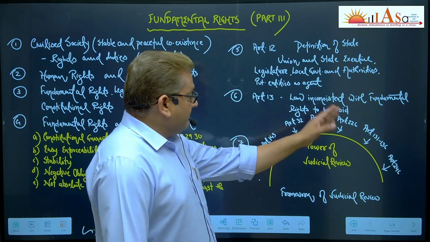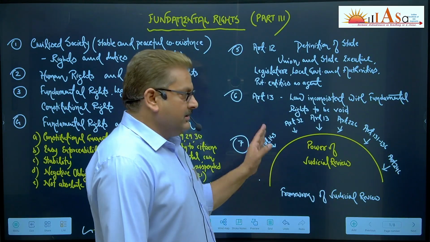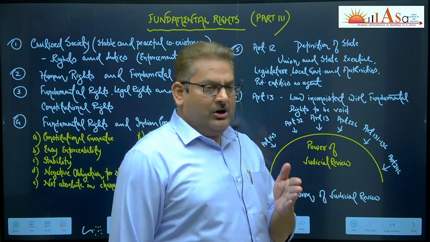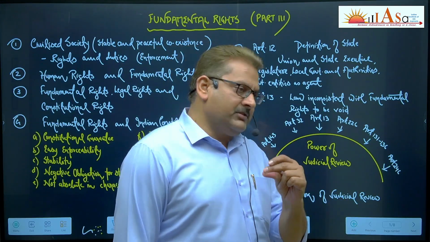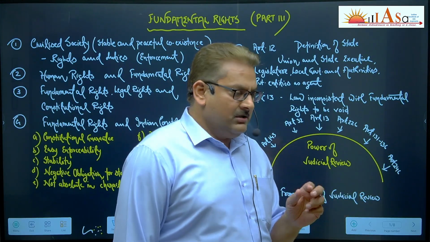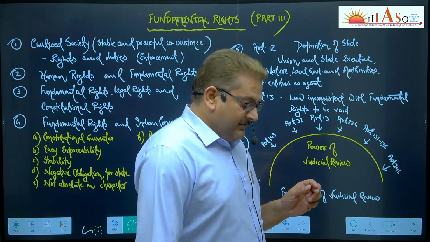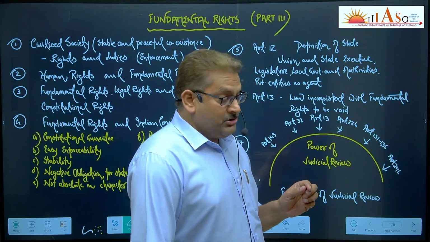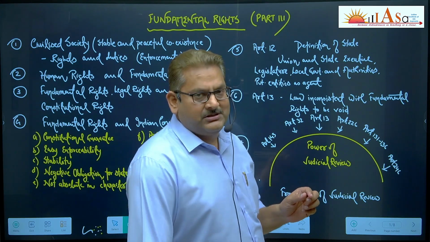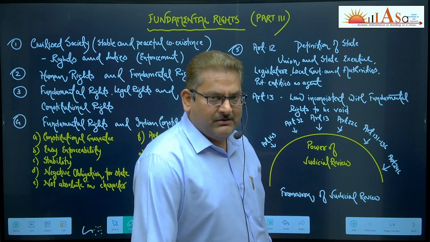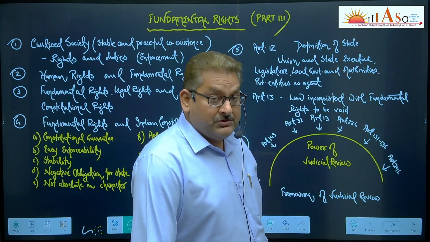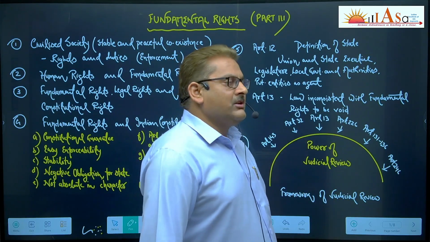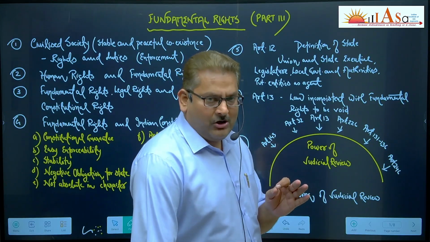And then there is the power of judicial review, clearly mentioned in Article 13: any law, prior to the commencement of the Constitution or after it, cannot survive if it is violative of, in derogation of, or inconsistent with fundamental rights. I discussed the power of judicial review in this context. It is not explicitly mentioned in one particular article.